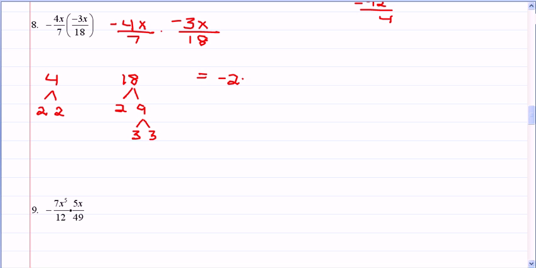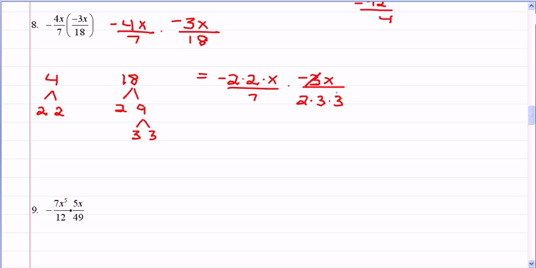So negative 4x over 7 is negative 2 times 2 times x over 7, and then times negative 3x over 18, which is 2 times 3 times 3.